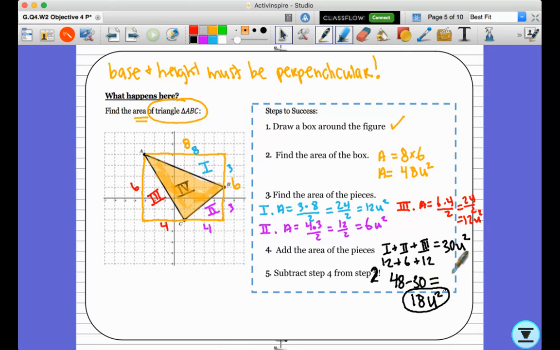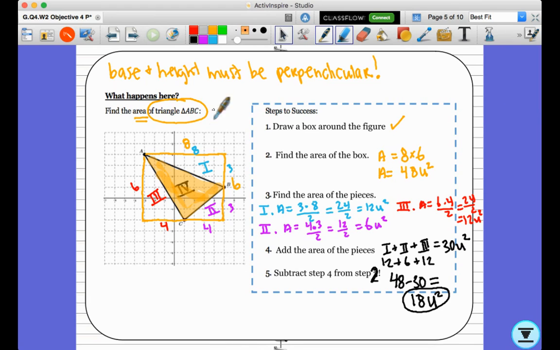So this is the method that you are going to want to use when it's not a shape you can easily find the area of. Even though this is a triangle, I didn't know what the base and the height were, right? I don't know the 2 parts that are perpendicular. So instead of trying to figure the height out, I'm going to use what I do know. We had done work with finding composite area, an area of the shaded region.